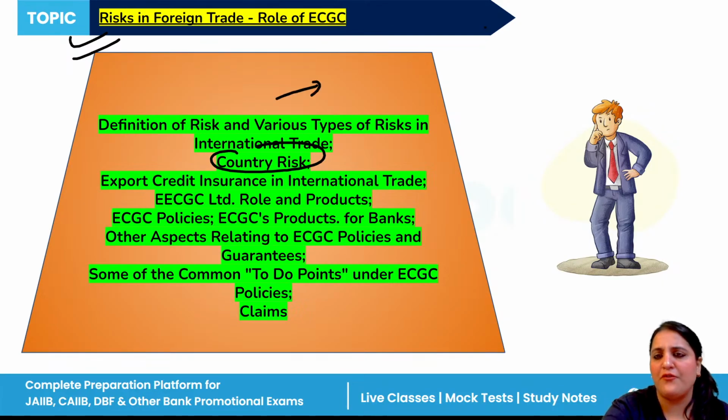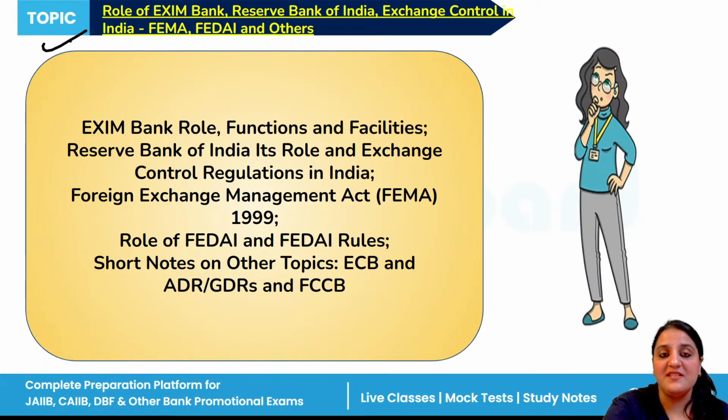Lots of types of risk: liquidity risk, market risk, credit risk, operational risk, reputational risk, country risk, concentration risk. Lots of risks are there. Then what is the role of Exim Bank? What does Exim Bank actually do in favor of exporters and importers, what are the rules of FEMA and FDI, we are going to learn in this.